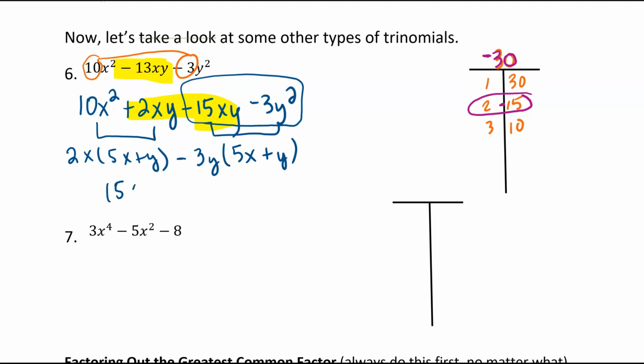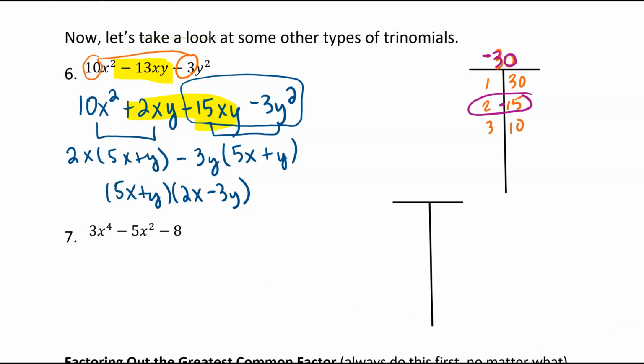So the final answer is 5x plus y times 2x minus 3y. And for these type of problems, it's not a mystery whether you got the answer right or wrong, because you can always multiply them to check to see if you are right or wrong.